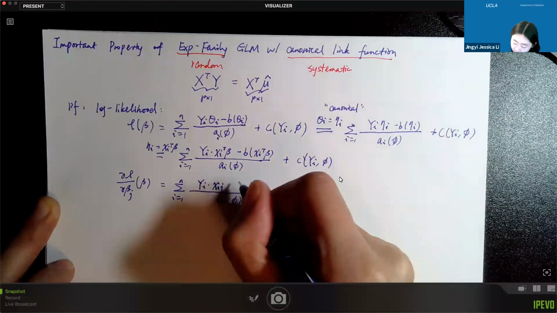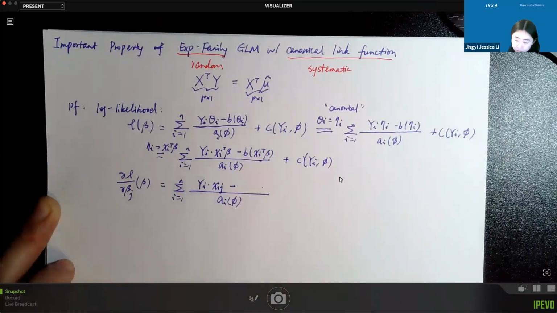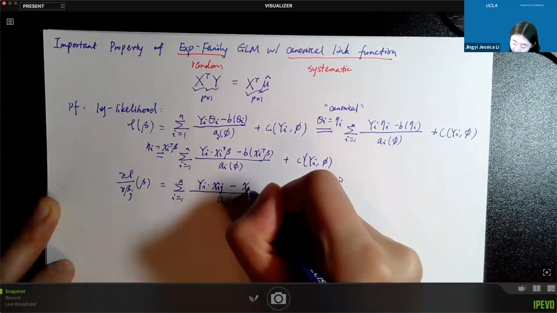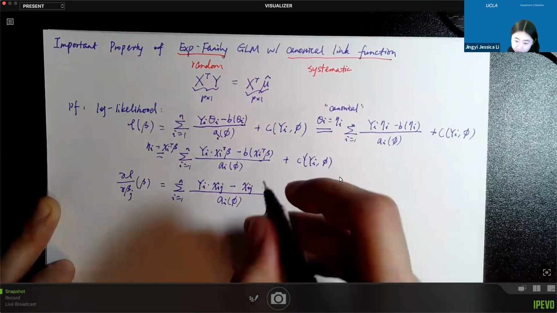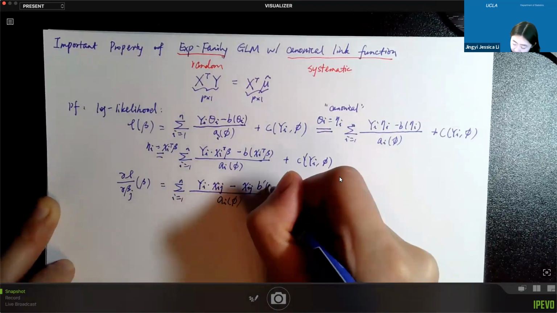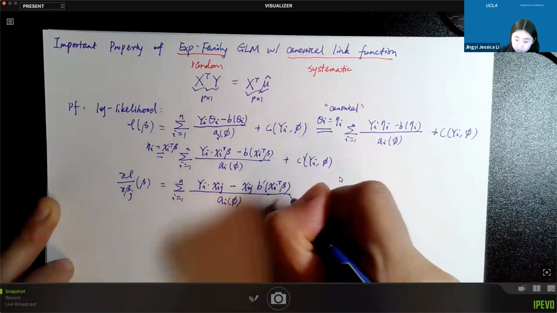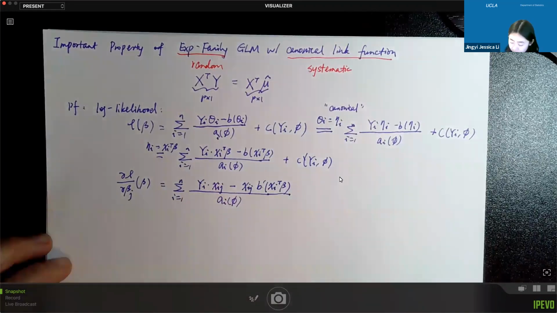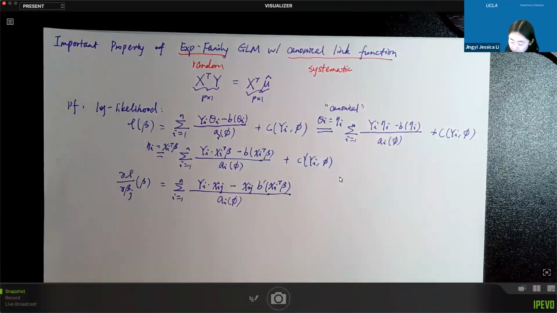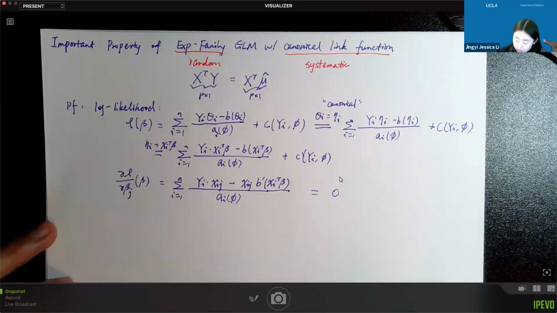And for the second part, by the chain rule, I am going to get still xij out, times b prime of xi transpose beta. So you have that. And what's interesting, I'm going to set this to 0. I want this to be set to 0.